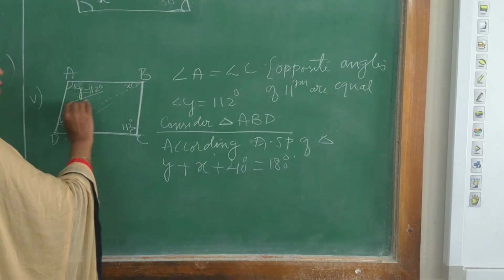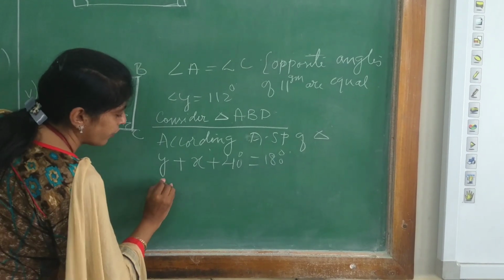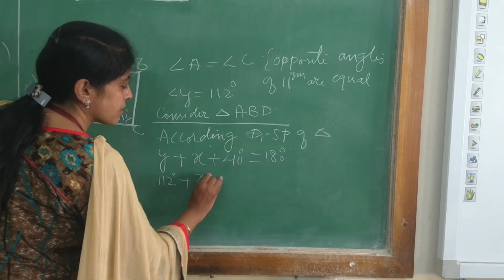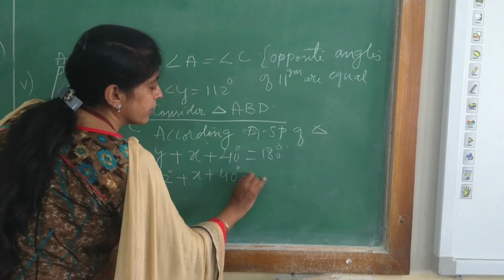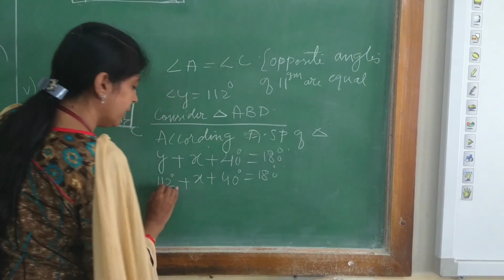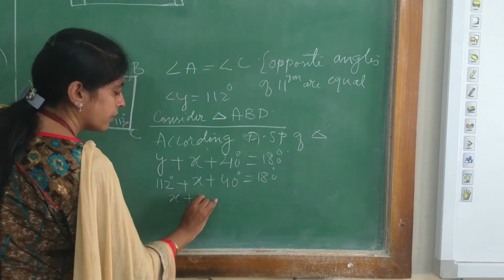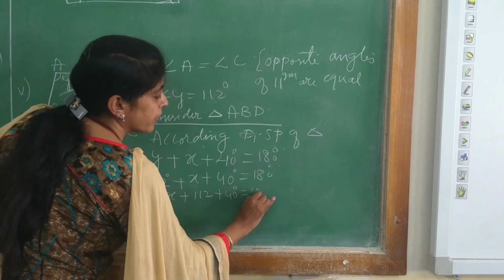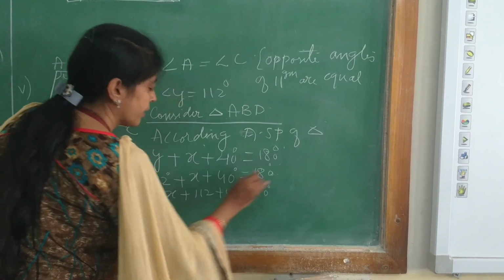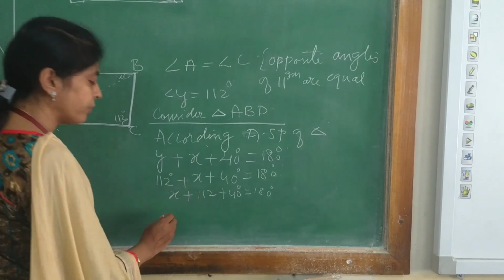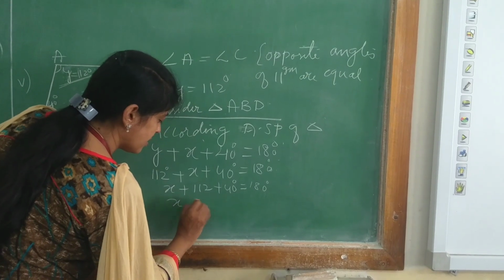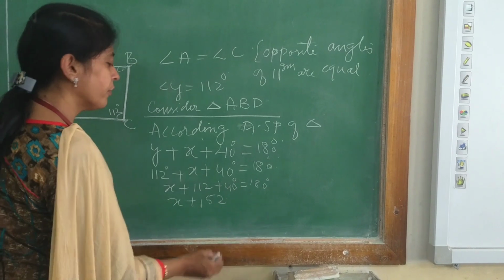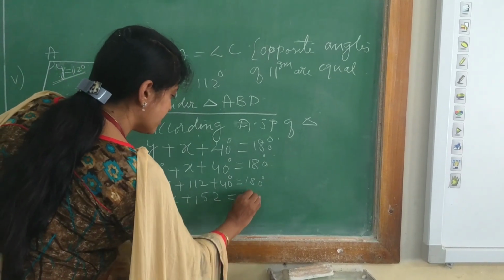So now we know the value of Y. So I can write 112 plus X plus 140 degrees. 112 plus 140, I just bring them side by side by using the commutative property. So when we add, this is equal to 152 is equal to 180.